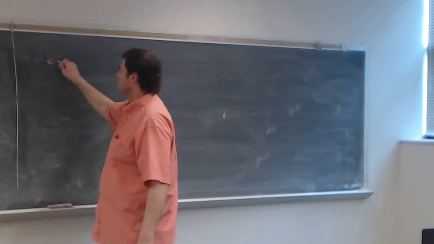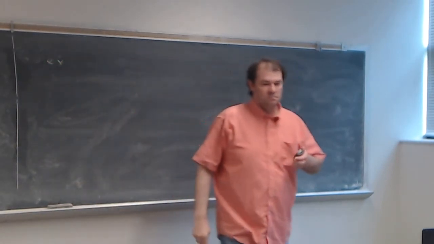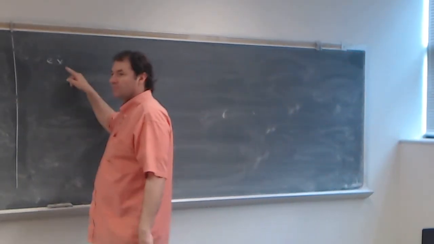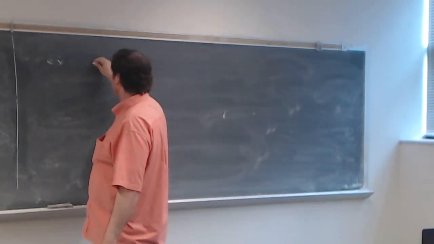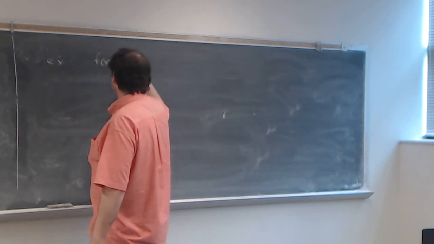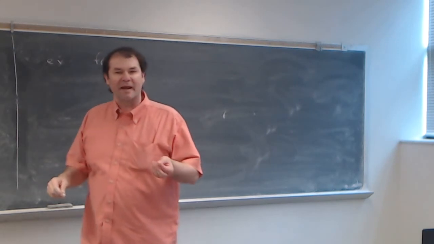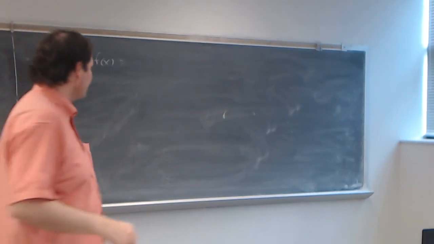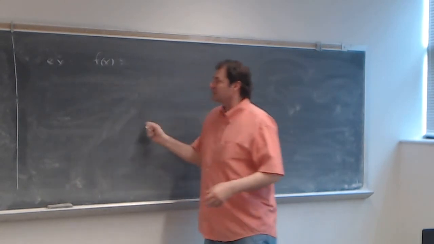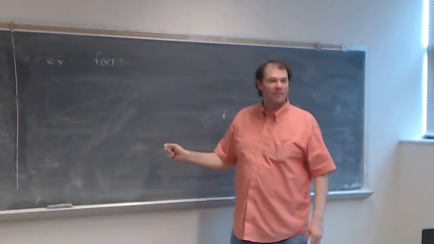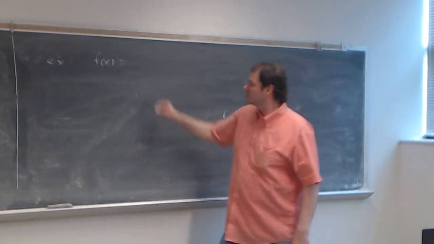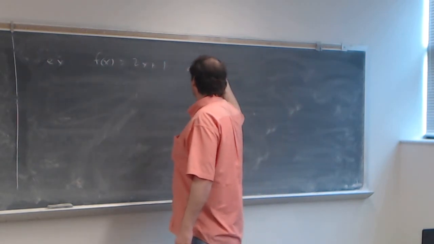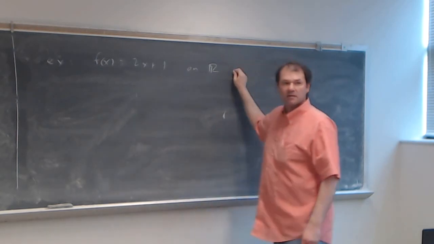Okay, let's do one more example. What if you look at f of x equal to, what was that previous example we had, the linear one, the very first one I did? 2x plus 1, on R. So if I look at it on R, what would you say?